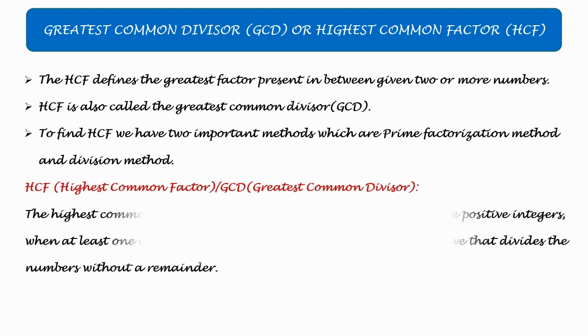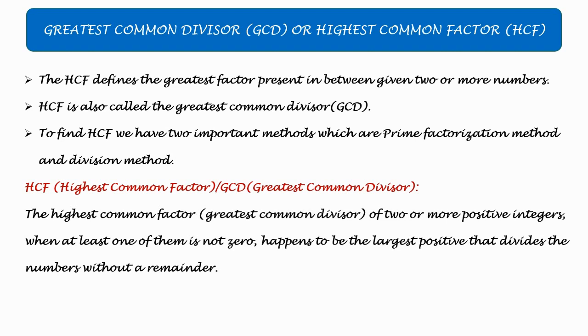So students, we can say that the HCF or GCD of two or more positive integers, when at least one of them is not 0, is the largest positive integer that divides the numbers without a remainder.